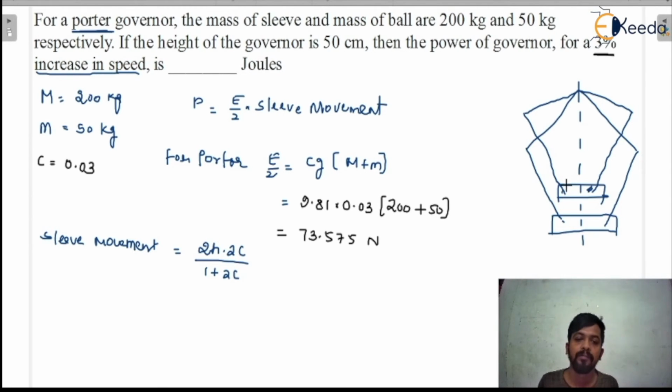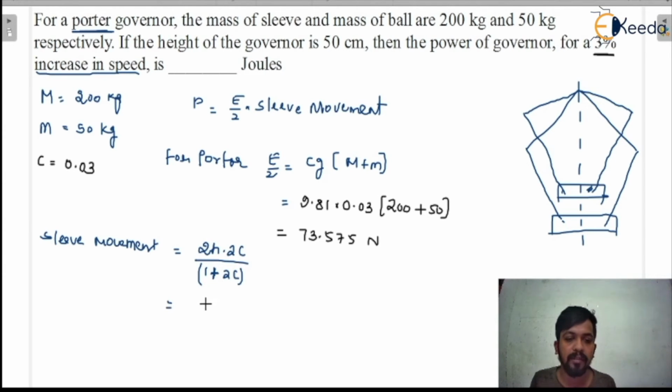In the video when we discussed the power of the governor, we derived the formula by assuming a decrease in the speed of the governor. So the sleeve movement came out as 2h multiplied by 2c upon (1 minus 2c). But here the question says a 3% increase in the speed, so the sleeve movement has a plus sign.